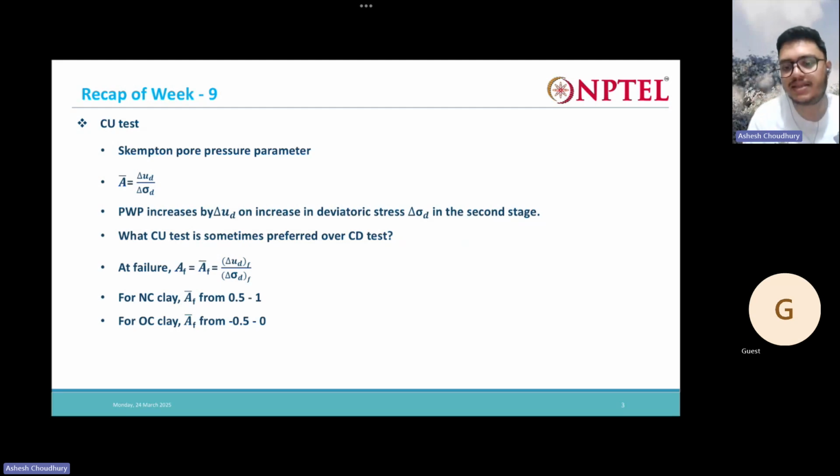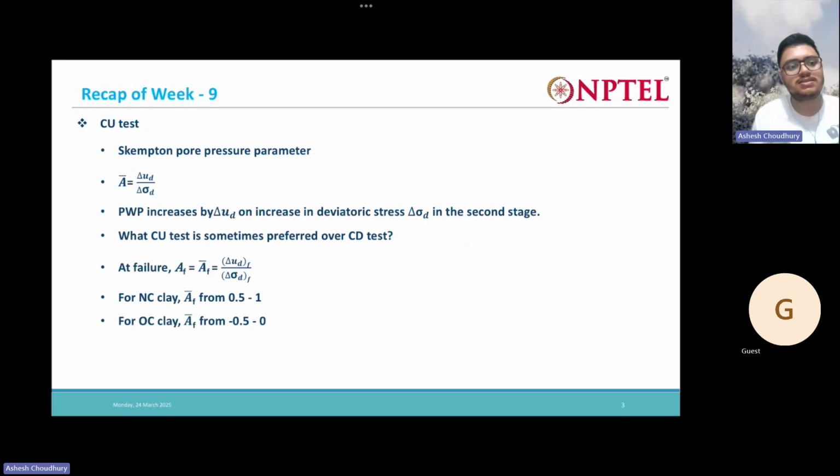When you apply the increased deviatoric stress, the pore water pressure is going to increase in the soil because drainage of pore water is not allowed in the second stage. This is the shearing stage. So in the shearing stage also, when we apply the deviatoric stress, the pore water pressure is going to increase.